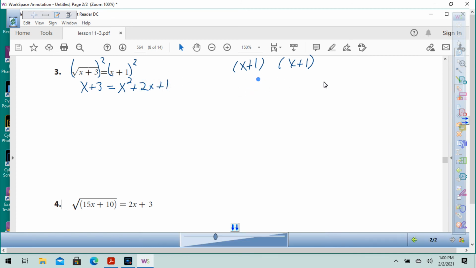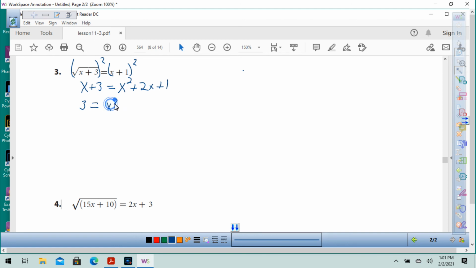All right. Now let's subtract x from both sides, and we get 3 equals x squared plus x plus 1.